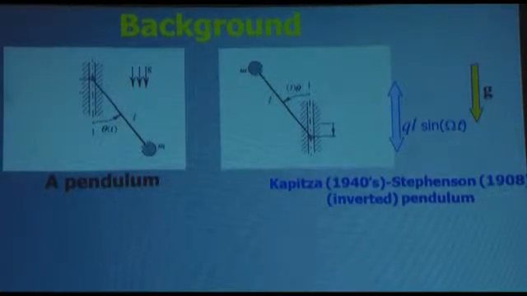It doesn't do justice to Stevenson, who discovered this in 1908, and Kapitsa did it somewhere in the 40s, 3 decades later. But anyway, it's called inverted pendulum, and the following is about it.